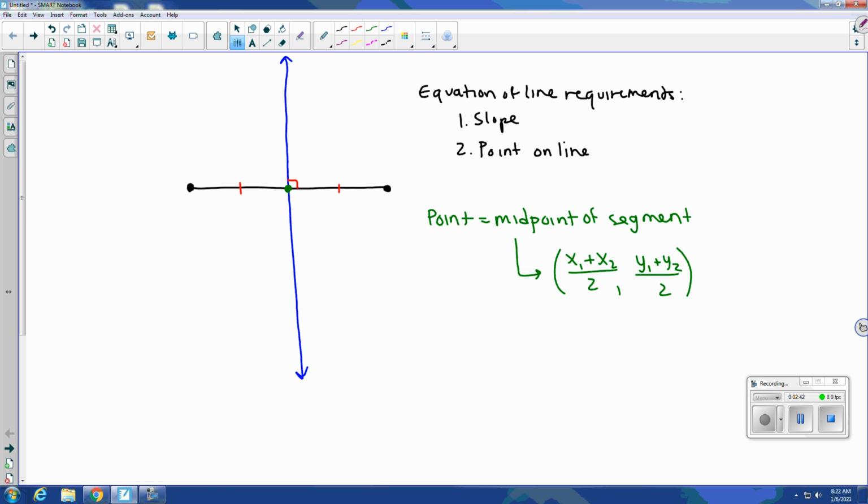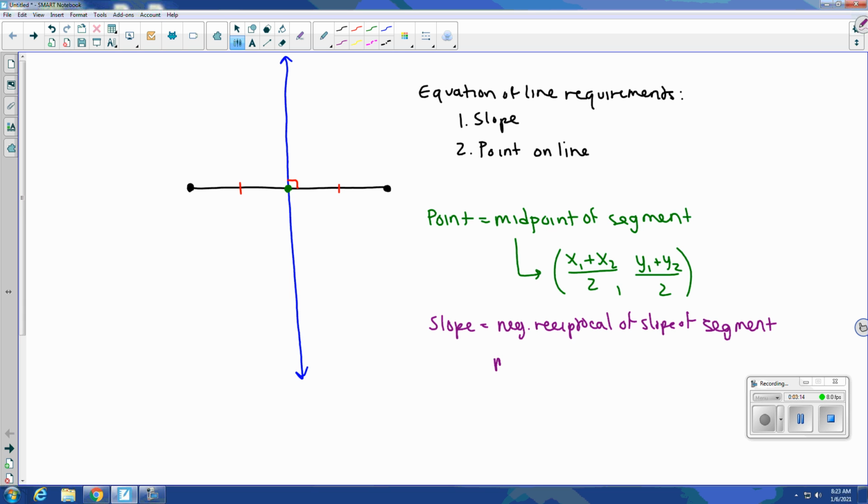And knowing the slope of the segment will give me the information needed to find the slope of the perpendicular bisector, because I know that to find a perpendicular slope to a given slope, we just take the negative reciprocal of that number. So for the slope, it's going to be the negative reciprocal of the slope of the segment.